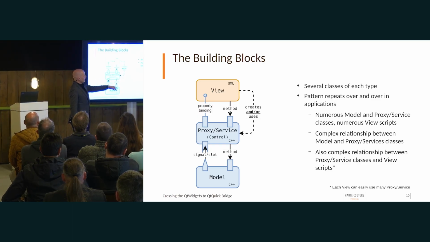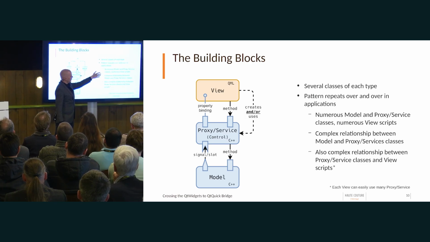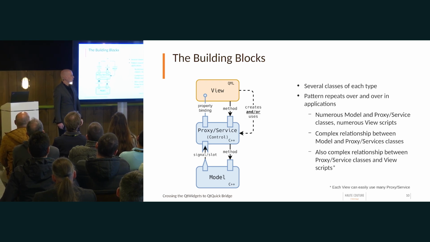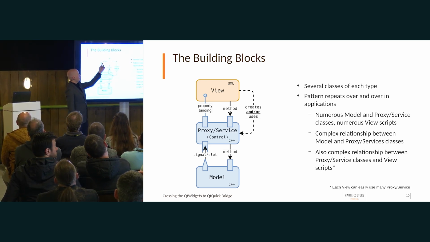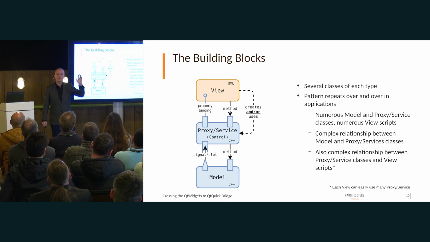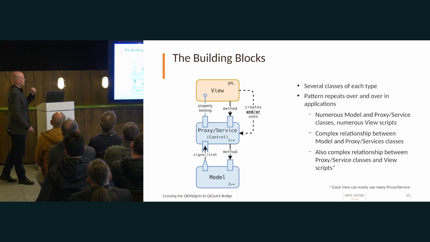The big difference, though, is that we can have the same kind of relationship as before, so those are a complex relationship there. But we can also have a complex relationship between views and proxies, because that view here could create as many proxies as it needs. So there's less coupling between those two.